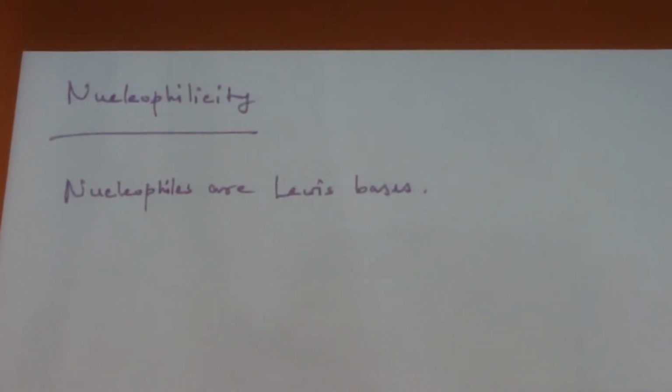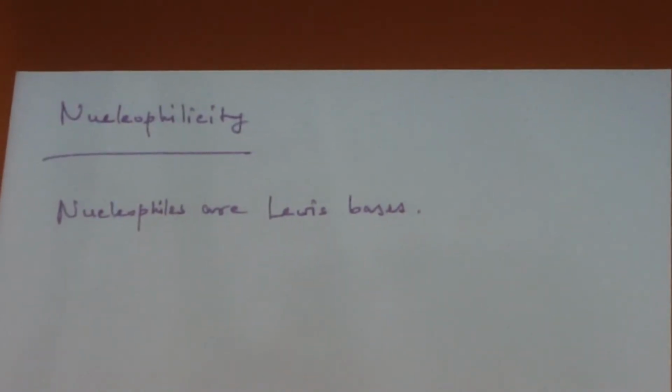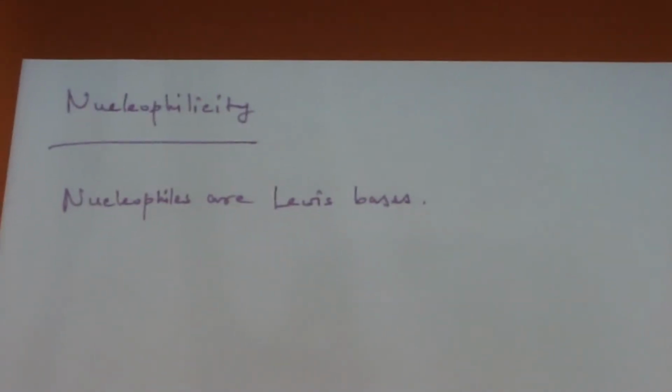So the nucleophiles are Lewis bases. In some cases they are, but in many other cases they would be different. And how do we know exactly what the nucleophilicity order is? And there are some clues as to how we can determine that.